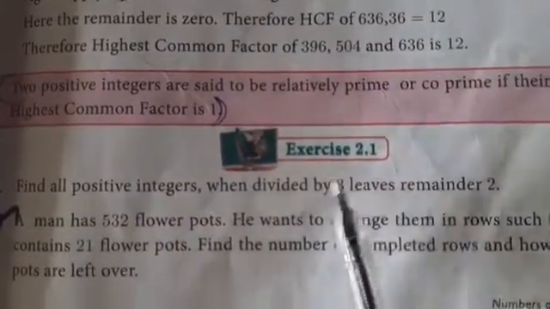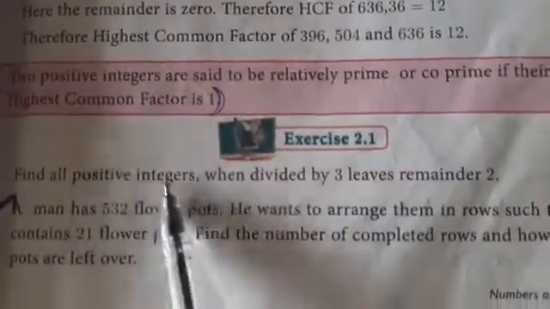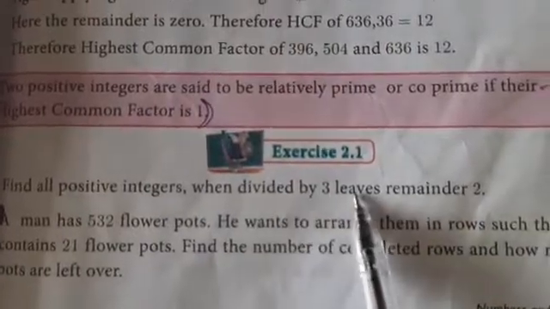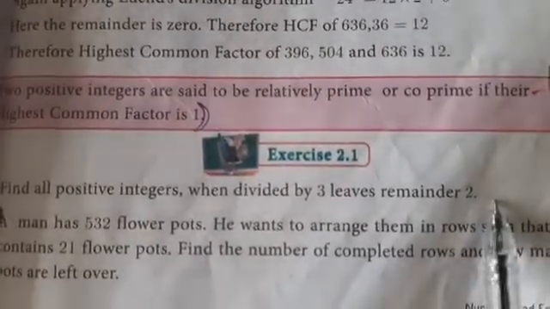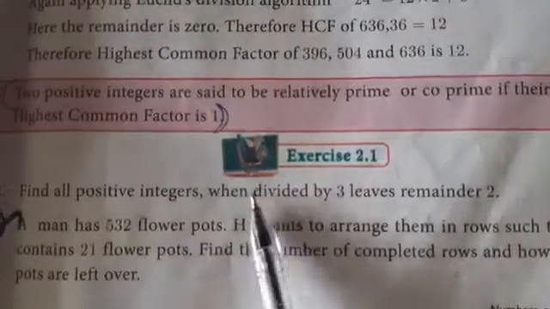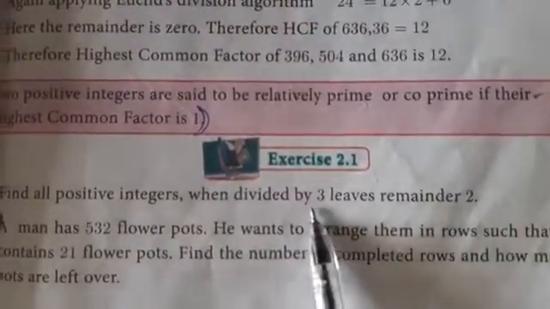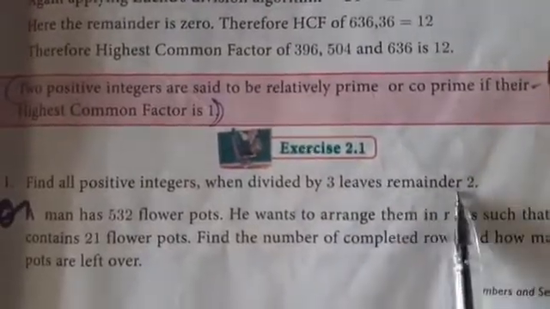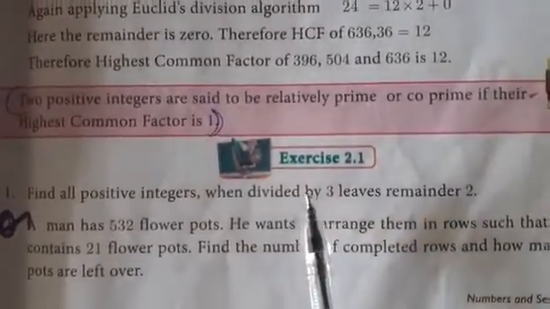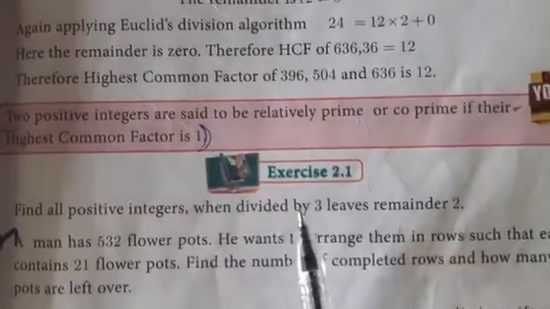Exercise 2.1. First question: find all positive integers which, when divided by 3, leave remainder 2. So the divisor is 3 and the remainder is 2. Given the divisor is 3, so b is equal to 3, and the remainder is 2, so r is equal to 2.